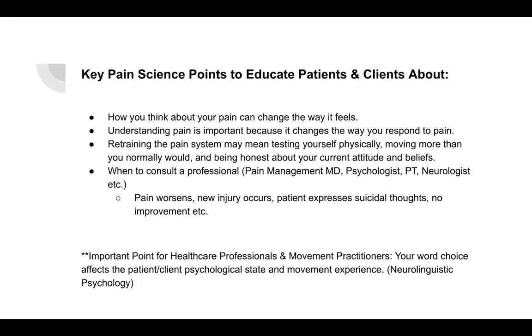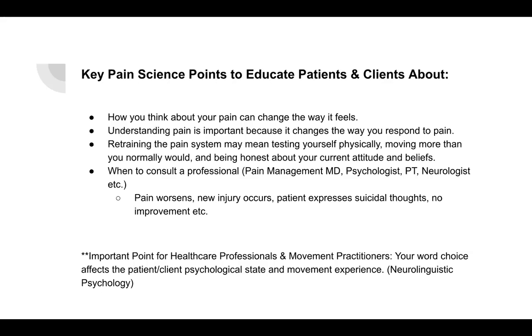Understanding pain is important because it changes the way you respond to pain. Remember, understanding that you're not in danger to help modify that neuroplastic or encourage neuroplastic changes in your body is important. Retraining the pain system may mean testing yourself physically, moving more than you normally would, and being honest about your current attitude and beliefs.